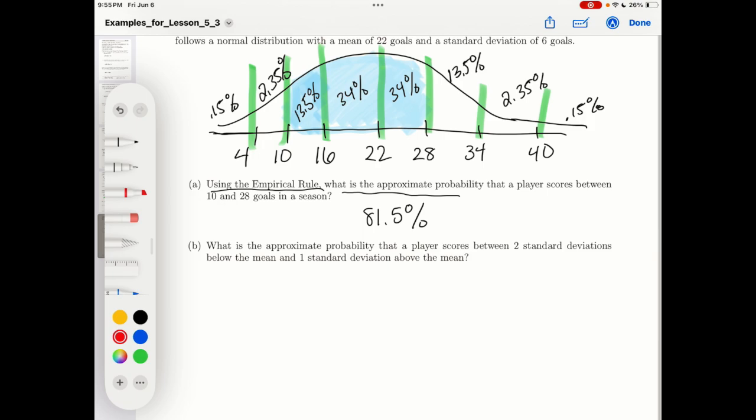Now, what is the approximate probability that a player scores between 2 standard deviations below the mean and 1 standard deviation above the mean? So if we go 2 standard deviations below the mean, I'm coming over 1, 2, and then I go 1 standard deviation above the mean, that's going to give us the same value. We're just repeating the question in a different way. It's still all of this area. So our answer for that is going to be 81.5%.